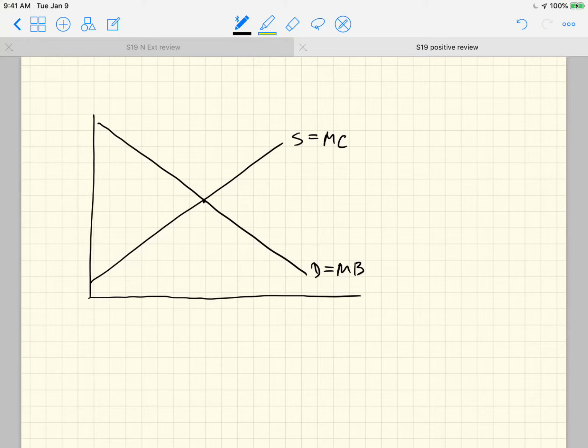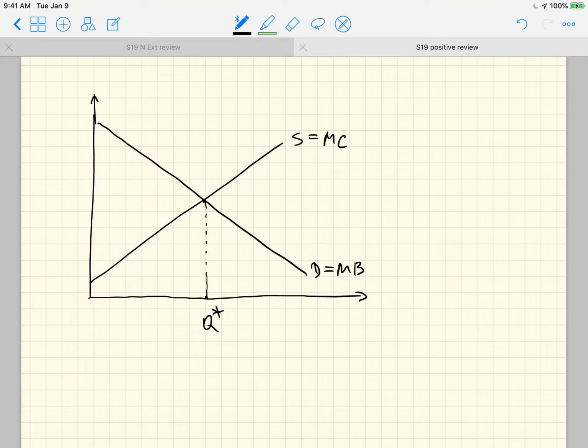And as we know, markets always end up finding an equilibrium at the point where supply meets demand. And if there is no other benefit or cost, then this point also would be a point of allocative efficiency.